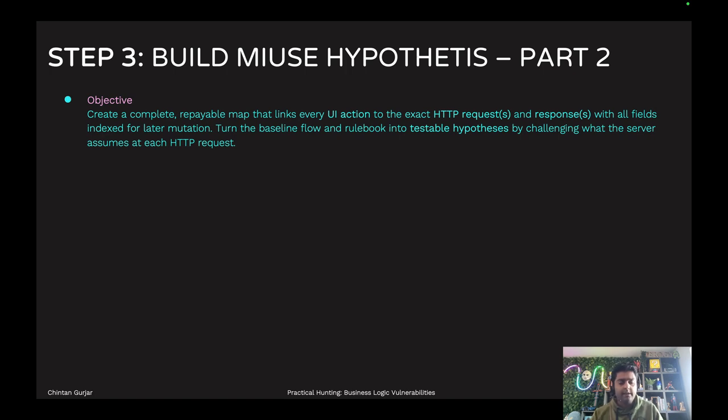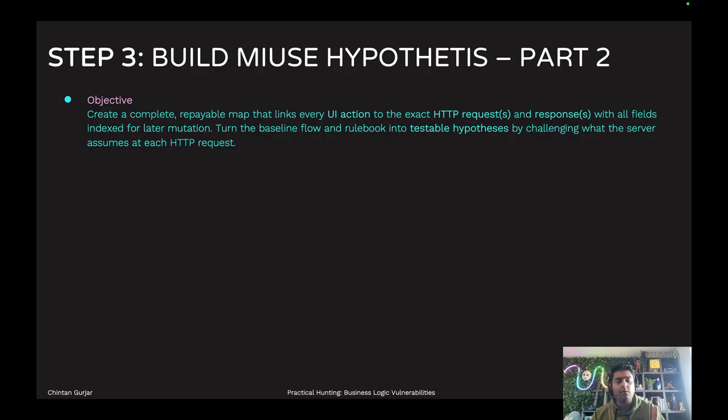Basically, you knew the feature from the UI, you created some assumptions that servers make about a normal request and response, and you created hypotheses using break, join, tone, garbage, repeat, and reverse. Then you did all that activity without looking at the HTTP request.